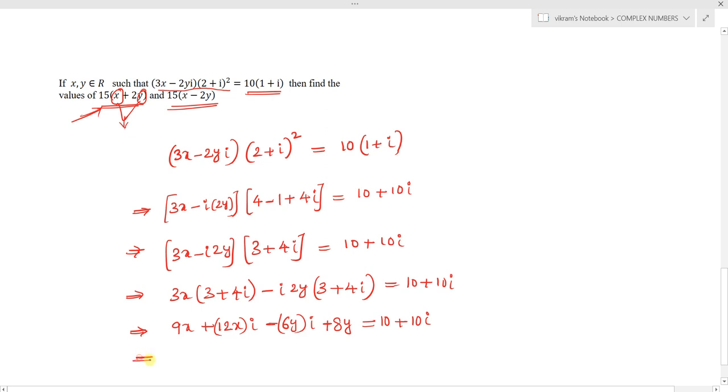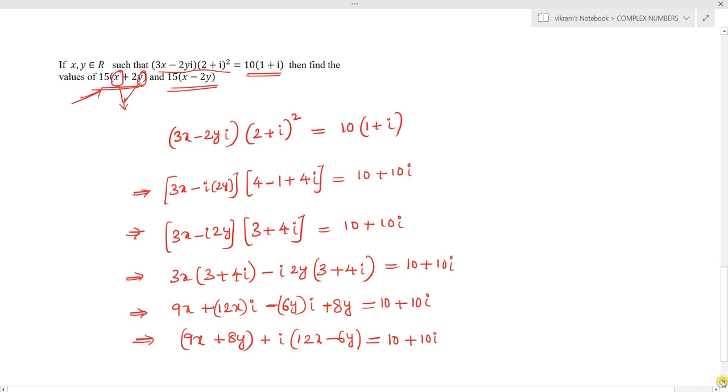Now separate the real and imaginary parts. The real part is 9x plus 8y, plus i times (12x minus 6y), where 12x minus 6y is the imaginary part, equals 10 plus 10 times i.